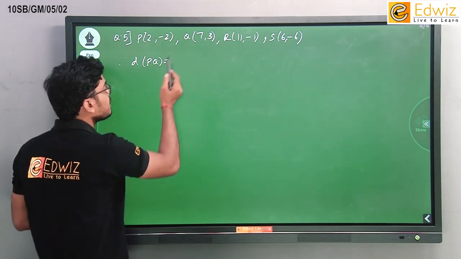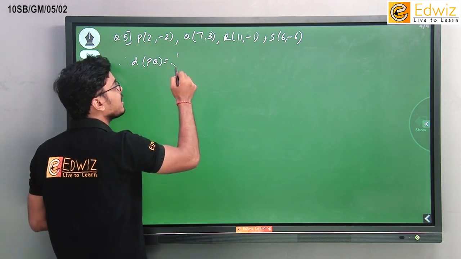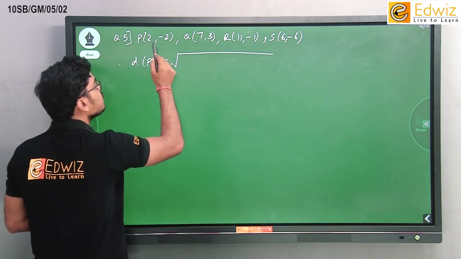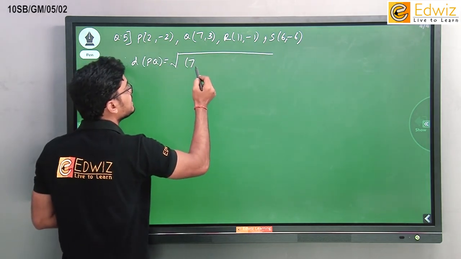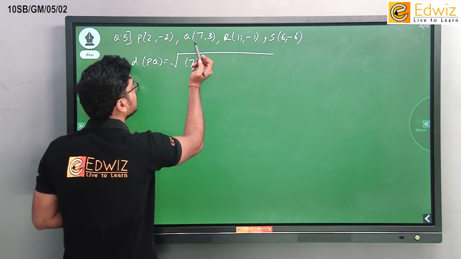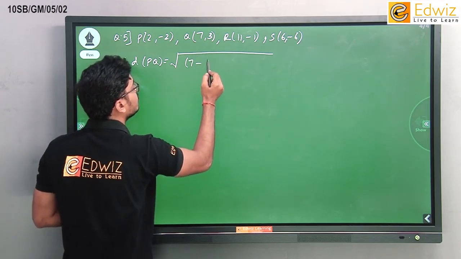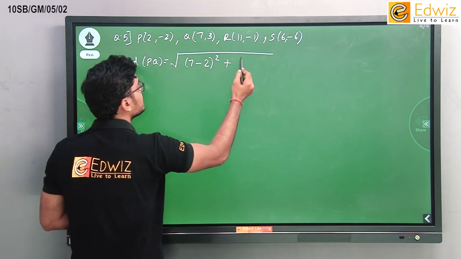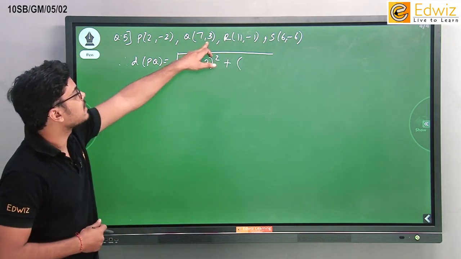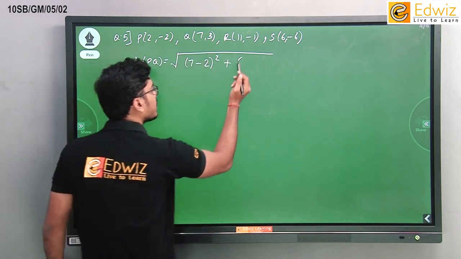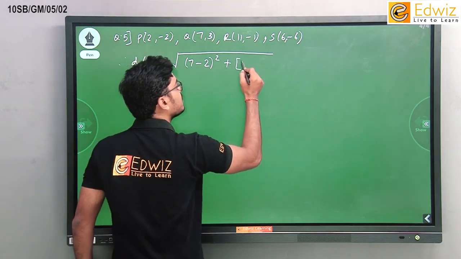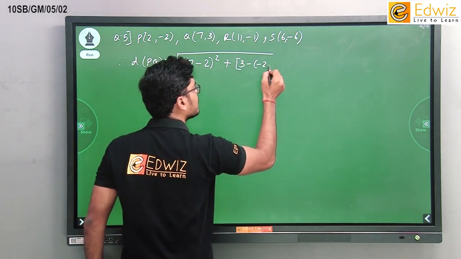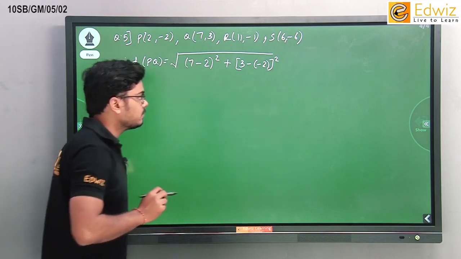Distance PQ is the square root of (x2 minus x1) the whole square plus (y2 minus y1) the whole square. So 7 minus 2 the whole square plus 3 minus minus 2 the whole square.